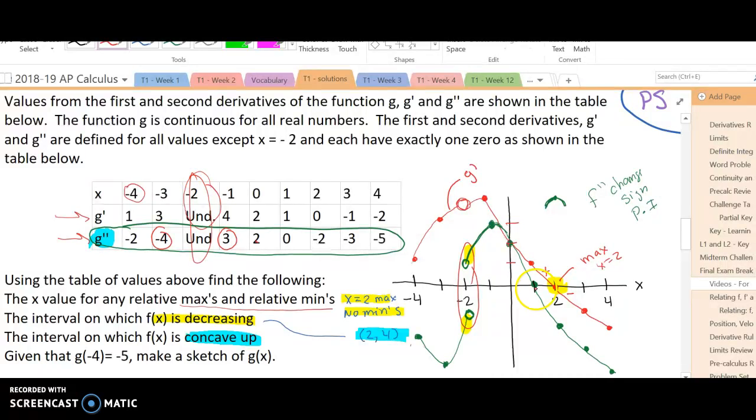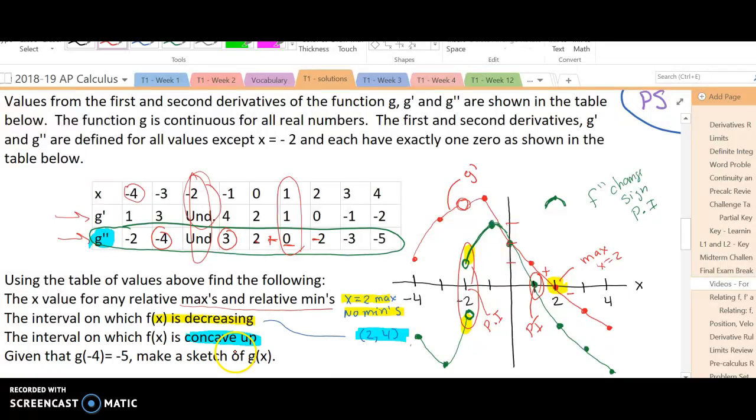And it also happens right here at x equals 1. You can see my second derivative is 0, and I change from a positive to a negative. So this will be a point of inflection at x equals 1, and there'll also be a point of inflection at x equals -2.